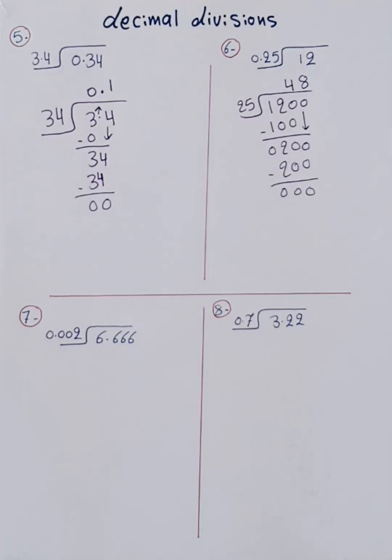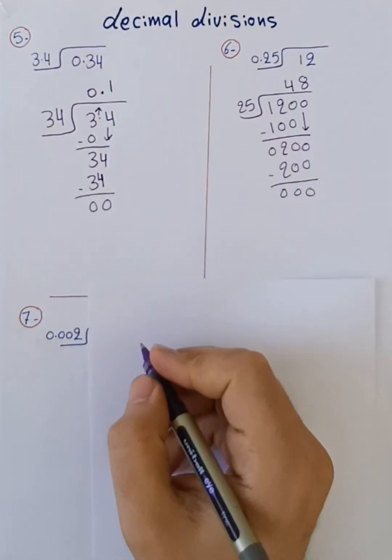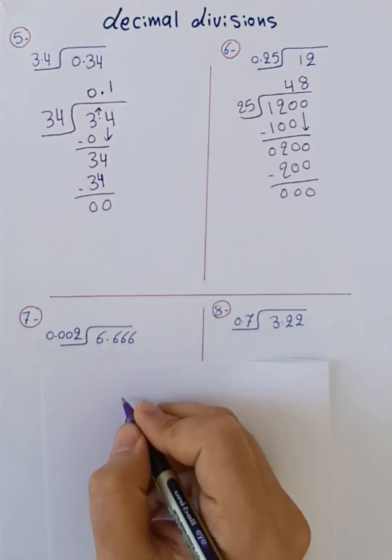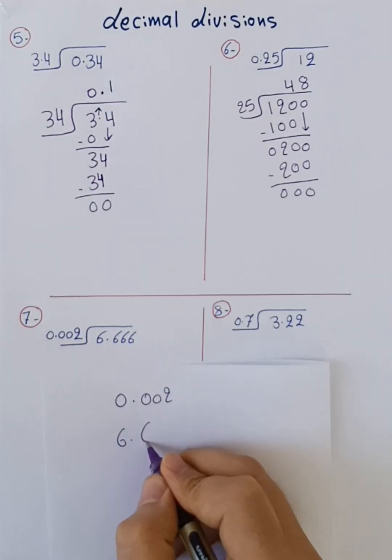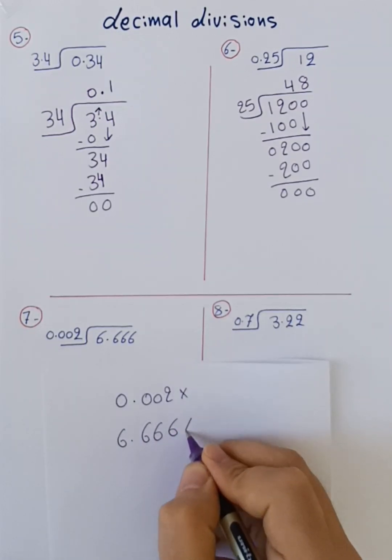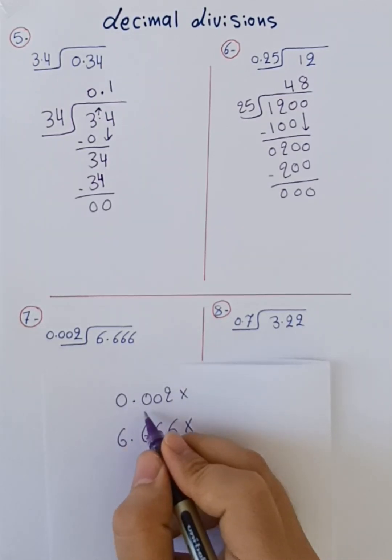Example number 7, we have 6.666 divided by 0.002. The divisor is a decimal number, so you have to multiply. After this point, we have three numbers.